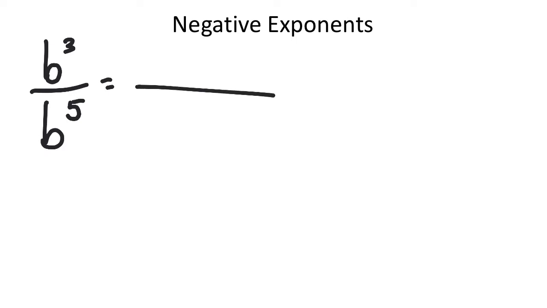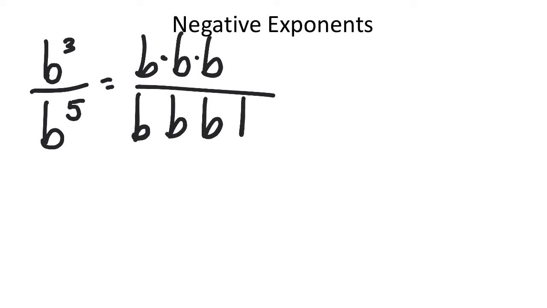All right, negative exponents. And we've seen negative exponents before. In the example that we saw, I think it was like b to the power of 3 all over b to the power of 5. And from that example, remember, if you expand the b's, you'd have 3 b's in the numerator, 5 b's in the denominator, all being multiplied.